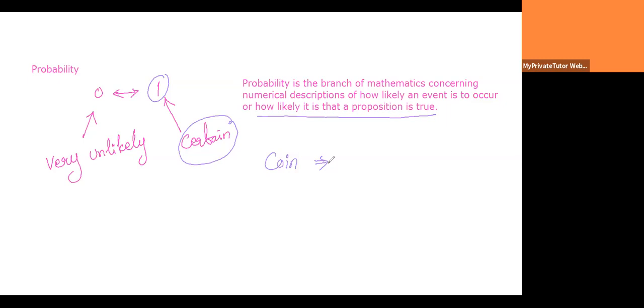That might be 1 by 2. I will discuss that now. So can anyone please tell me an example for very unlikely?